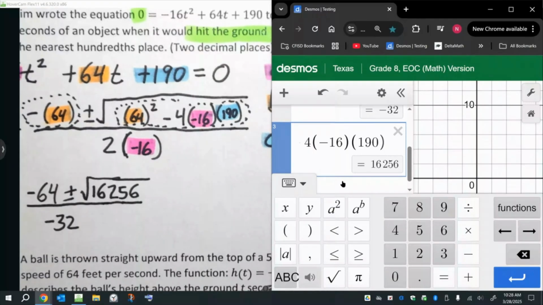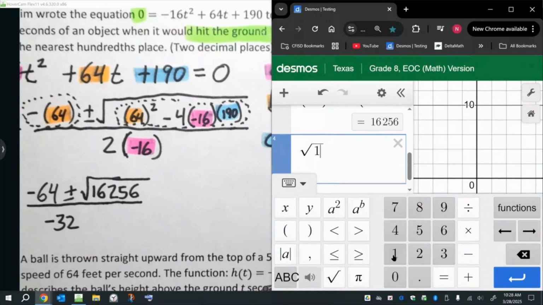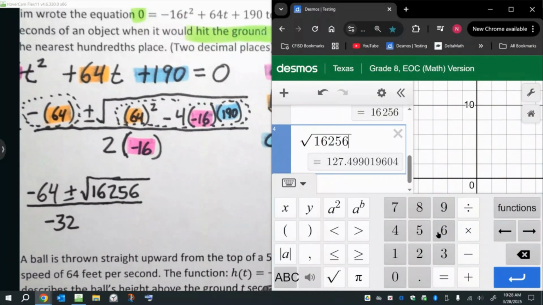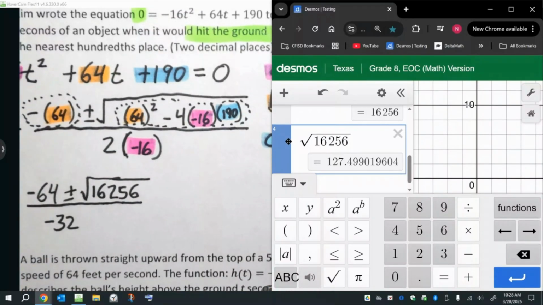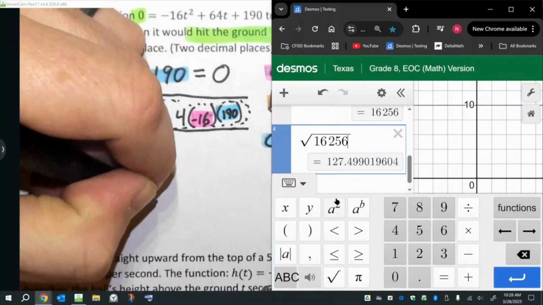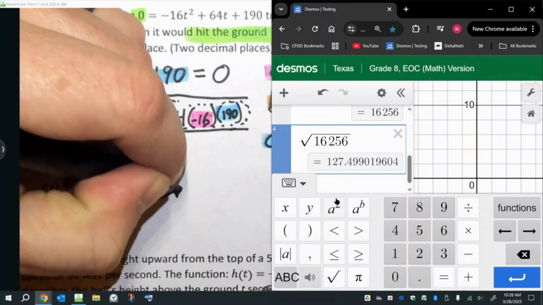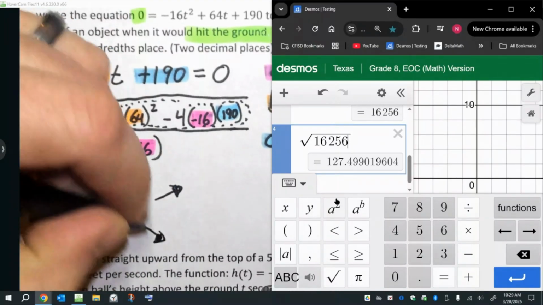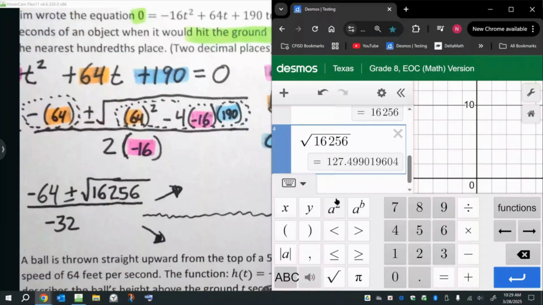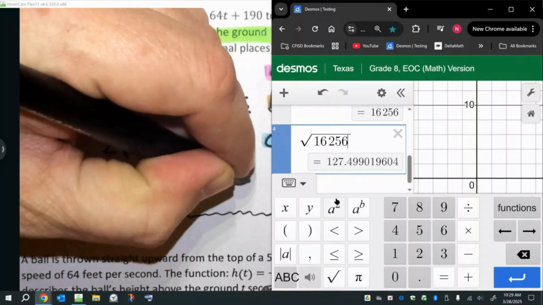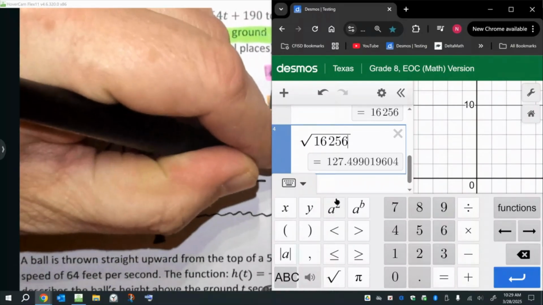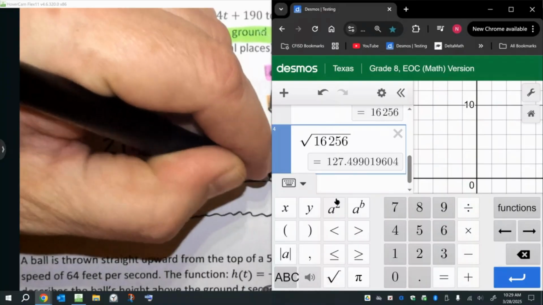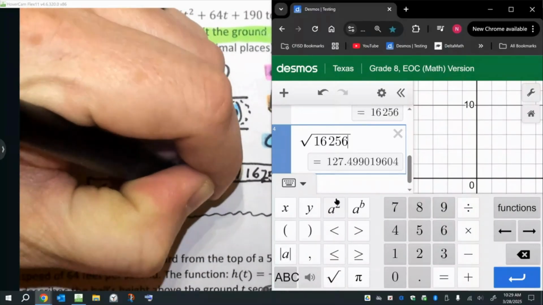Now we want to know the square root of 16,256, and it's something messy. I can't change it to anything nicer. So here's what we have, and I'm going to break this problem into two, which is where our little squiggly comes into play. We have a fraction bar with negative 64 plus the square root of 16,256 over negative 32.